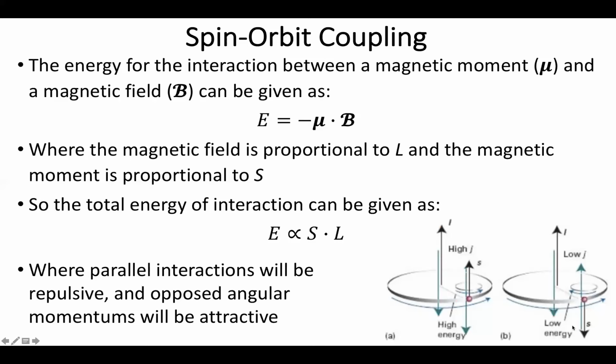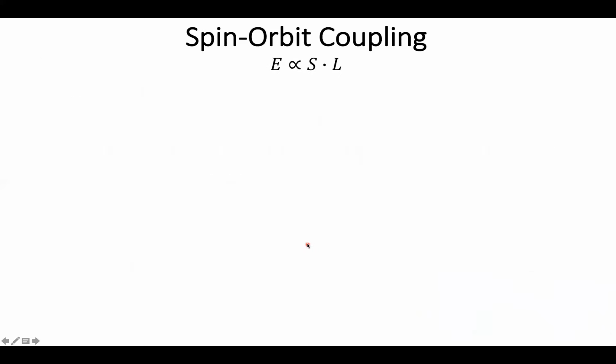So let's take a tighter look at what this dot product term actually looks like. We need to figure out how we can get some insight into solving the dot product of our orbital and our spin angular momentums.